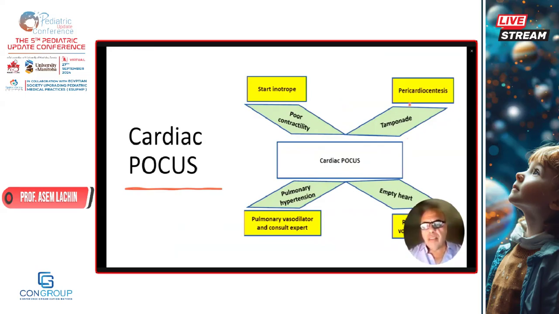Number one is tamponade, for which we can do pericardiocentesis. Poor contractility, for which we can start inotropes. Pulmonary hypertension, for which we start treatment for PPHN with pulmonary vasodilators, nitric oxide, and other medications. And an empty heart, where we can start fluid and volume load.